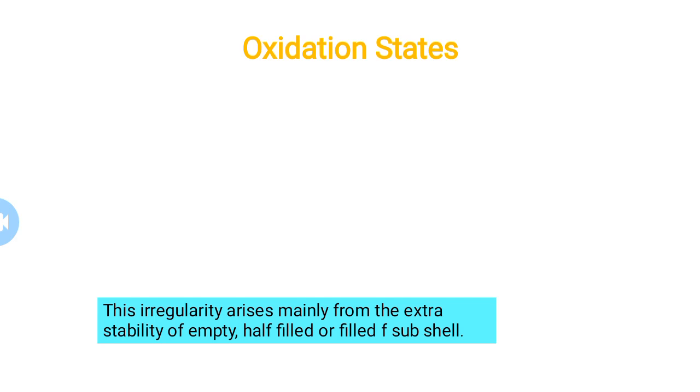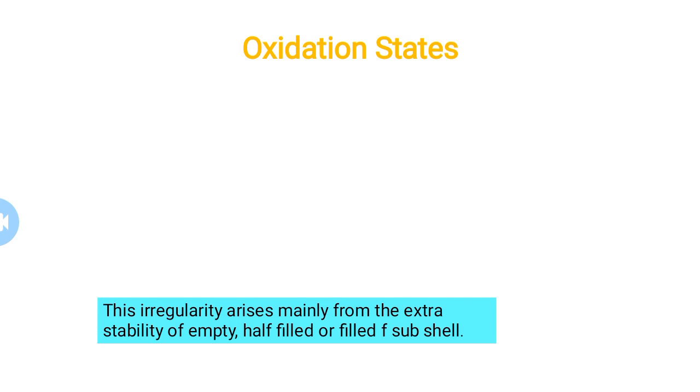The +2 and +4 oxidation states are not common. An oxidation state other than +3 is called an anomalous behavior of the oxidation state of lanthanides. The +2 and +4 oxidation states are always less stable than +3. So +3 is the most common state.